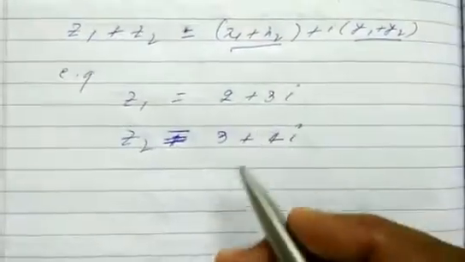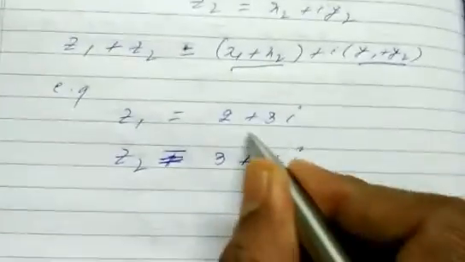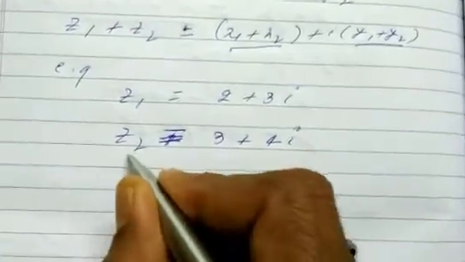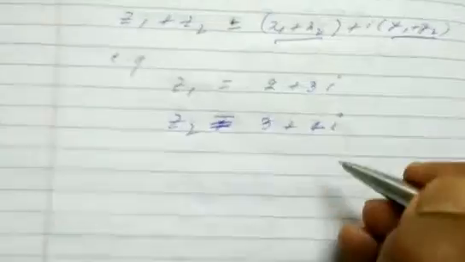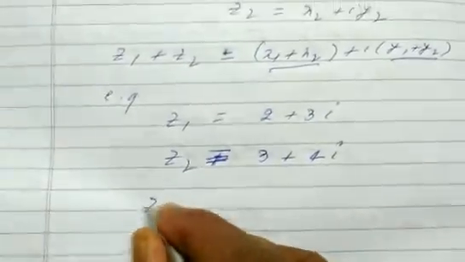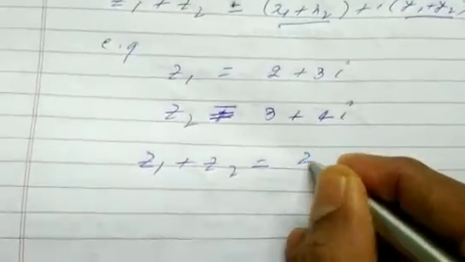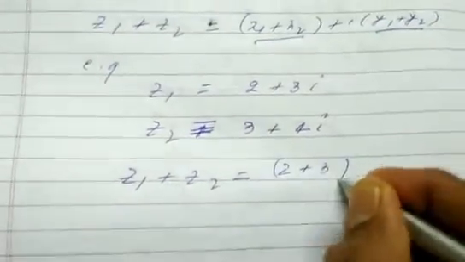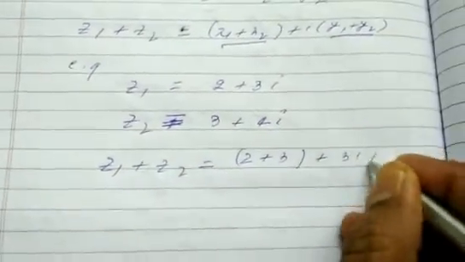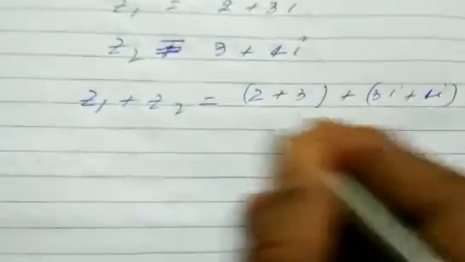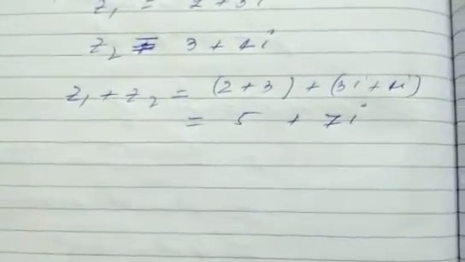Example: Z1 is equal to 2 plus 3i and Z2 is equal to 3 plus 4i. Z1 plus Z2 will be 5, 2 plus 3 together, and 3i plus 4i together, which is 5 plus 7i. So it is very simple to add two complex numbers, adding real to real and imaginary to imaginary.